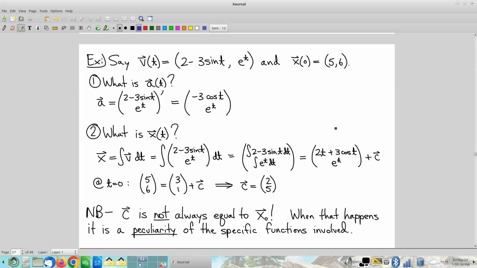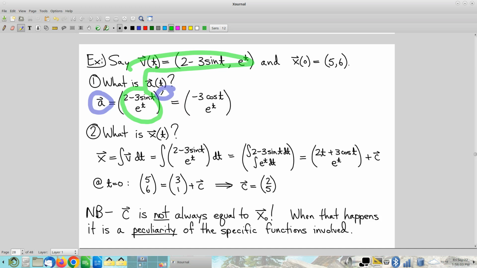Well, first let's ask what's the acceleration, but then how am I going to go backwards from the velocity and figure out what is the actual parametric curve itself? There's two parts to this question. The first part, acceleration. Well, acceleration is just the derivative of the velocity that we were given. So that's an easy calculation.